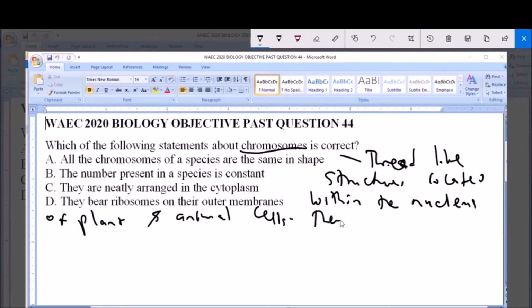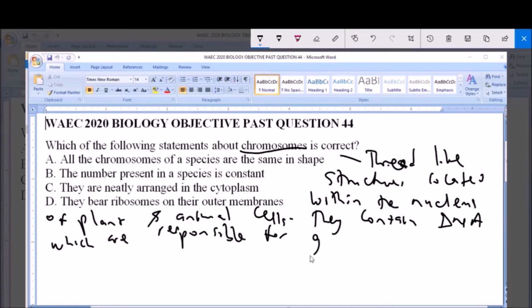The chromosomes contain DNA, which is responsible for the transmission of genes. So you can say that chromosomes are like vehicles that contain the genetic material, DNA, responsible for transmission of genes and traits.